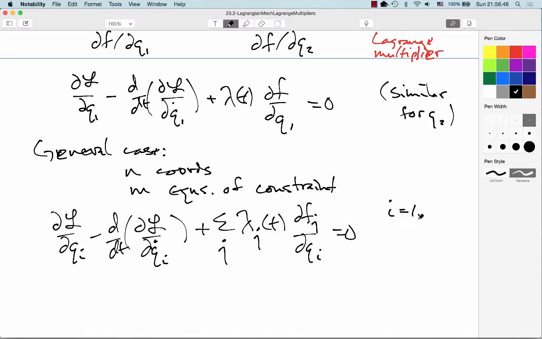We let i run from 1 to n and j run from 1 to m.